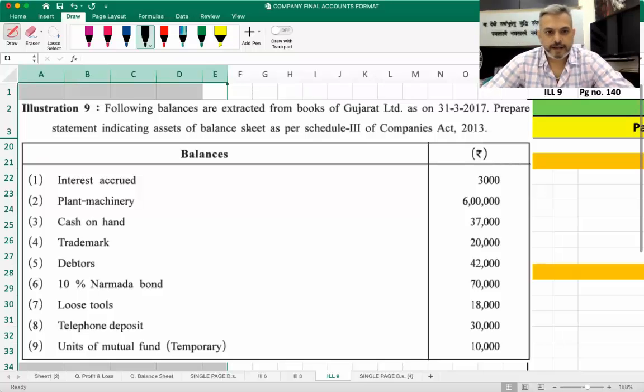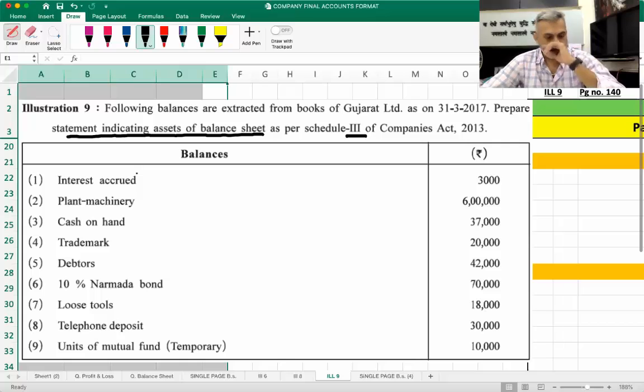So illustration 9: following balances are extracted from books of Gujarat Limited as on 31/3/2017. Prepare statement indicating assets of a balance sheet as per Schedule 3 of Companies Act 2013. So now various balances are given.